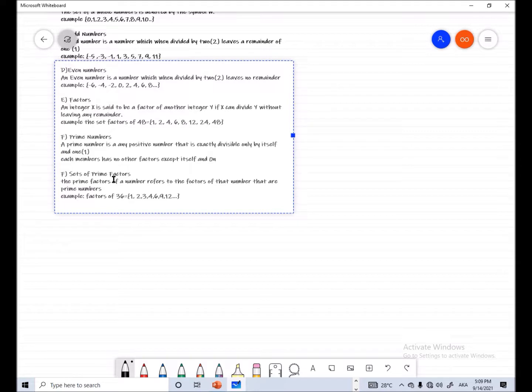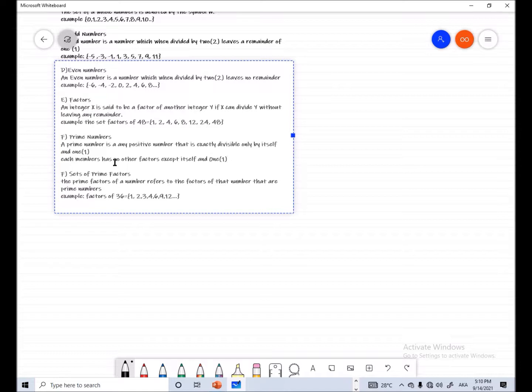If you take 1, it has a factor of 1, but a number like 4 has other factors. Any number that can only be divided by itself with no remainder is prime. If a number has other factors, then it's not a prime number.